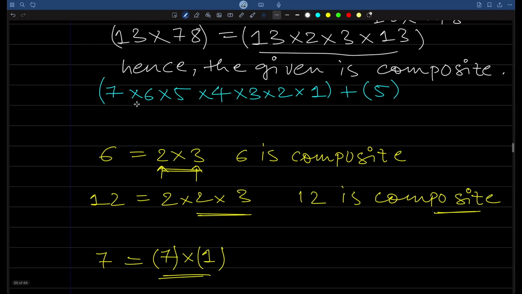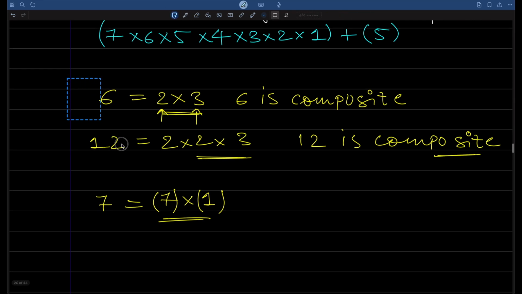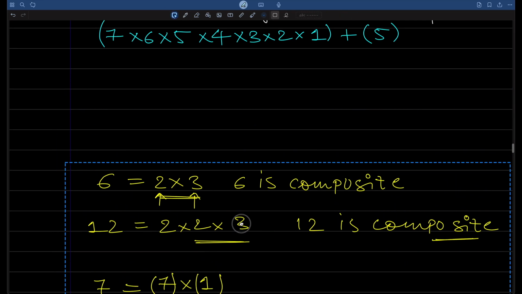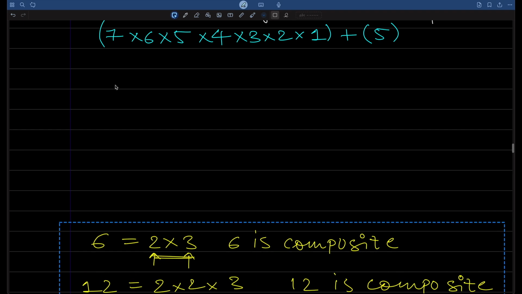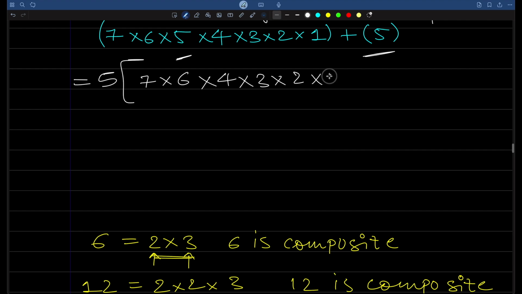If I check the next number, I can take 5 in common from both, that is equal to 5 into (7 into 6 into 4 into 3 into 2 into 1 plus 1, since I have taken 5 in common, so the remaining is 1).